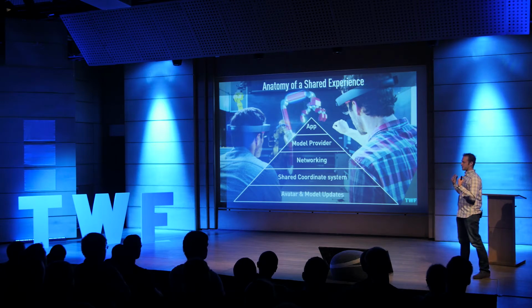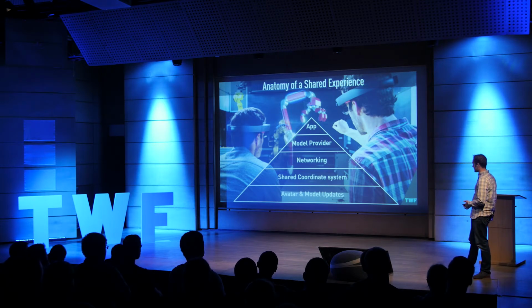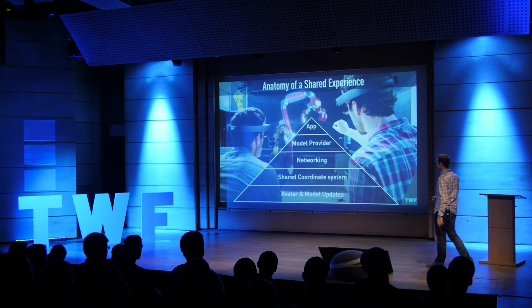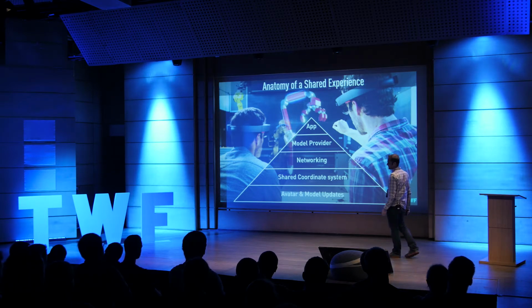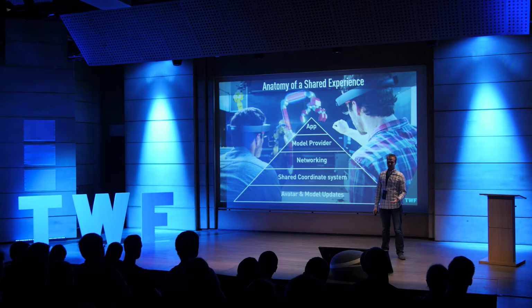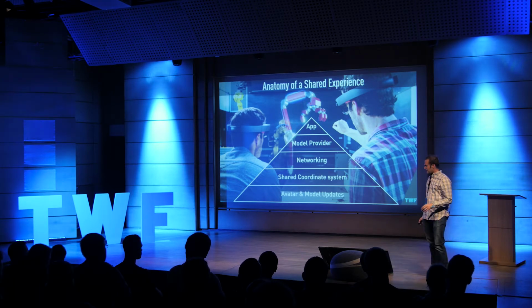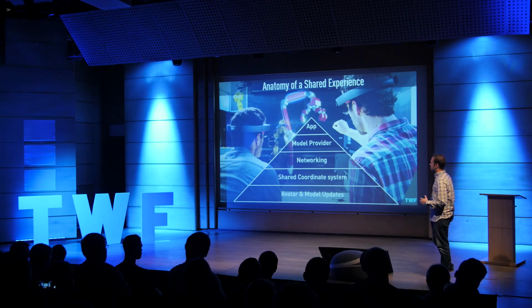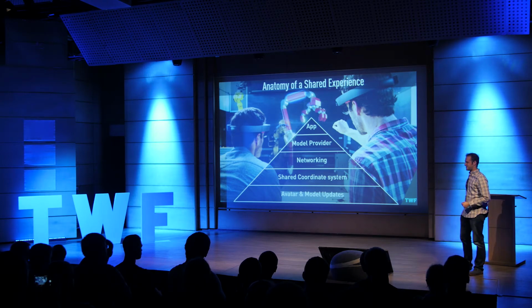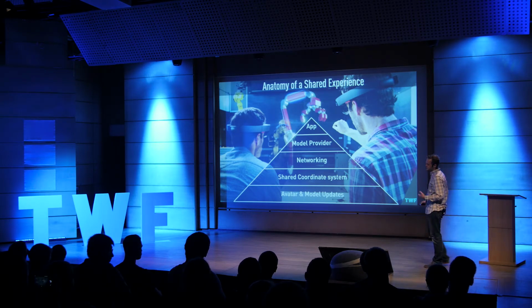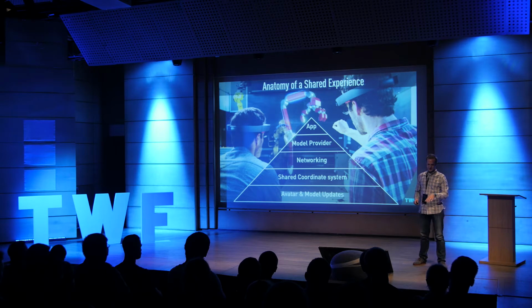When we think about a shared experience, we think of it as a triangle of needs. At the top, we have the application. This is what I've been talking about. This is the Unity application compiled to UWP and whatnot. The next is how do you get the models into the application? For simple applications, sure, you can just embed them into Unity directly.